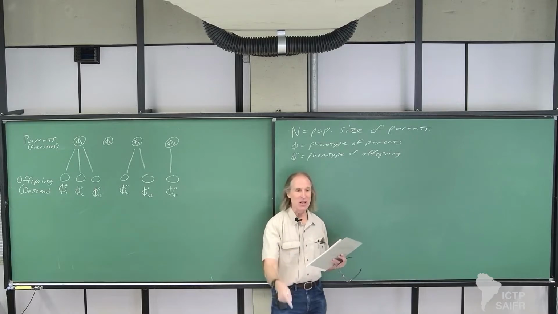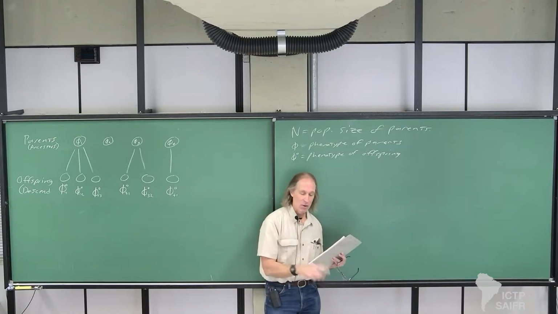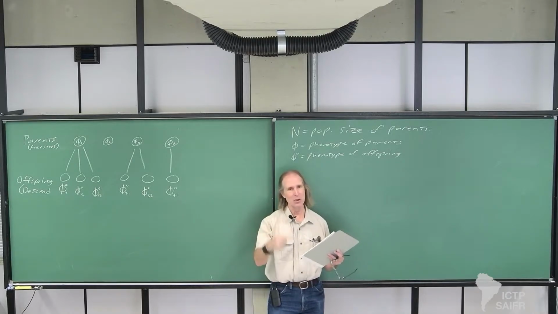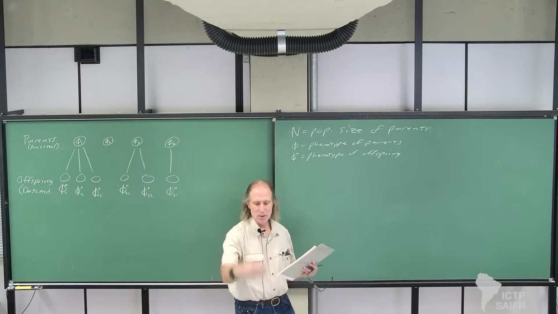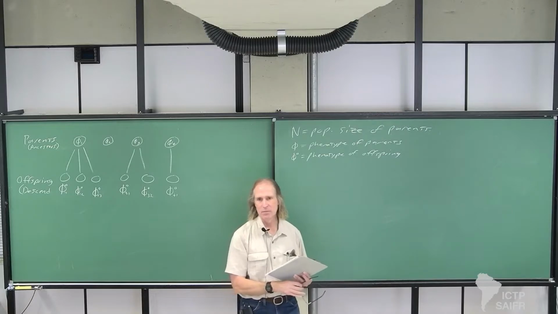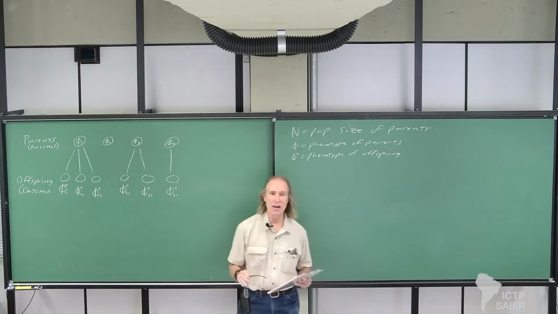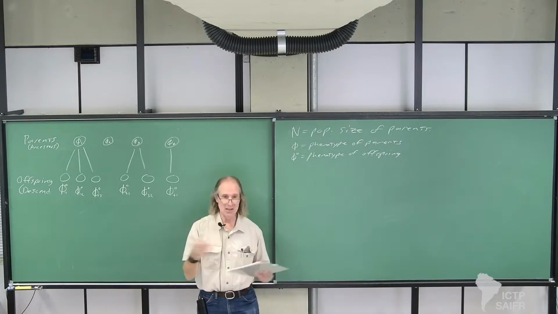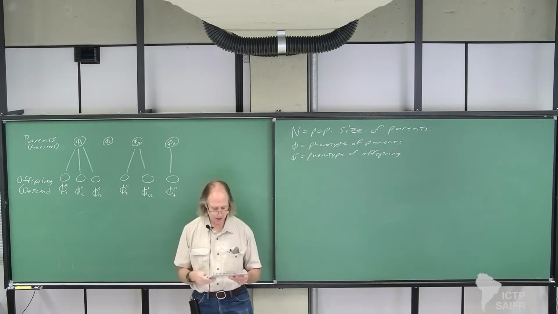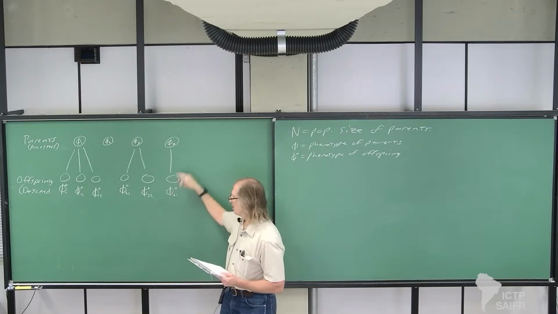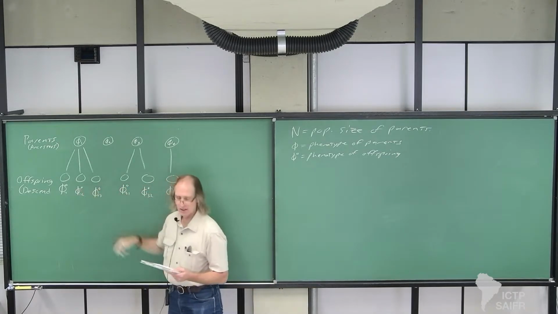Because that'll be different depending on the proportion of females or males you produce in your own offspring. So sometimes descendants can be more than one generation down the line. We won't be looking at that case. If anybody's interested in that and you haven't heard of it, I'll happily tell you about it later or after class. But the point is, this notion of descendants is very general here.